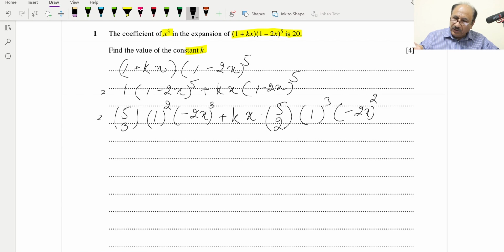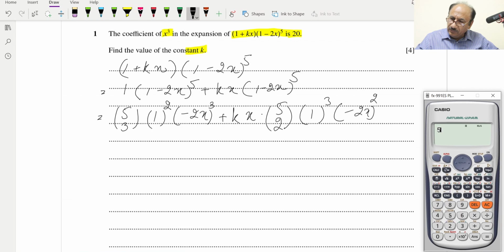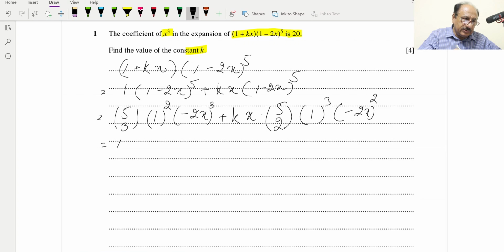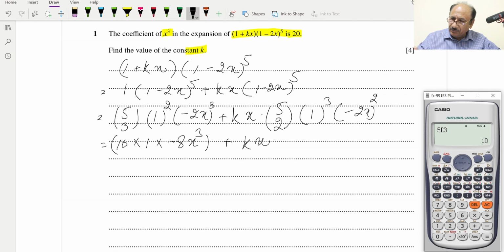Now we can find 5c3, and this will be equal to 10. So we can write 10 into 1 squared, which is 1, into minus 2x cube, which will be minus 8x cube. This will be the first term. The second term will be kx, and 5c2 will be equal to 10.